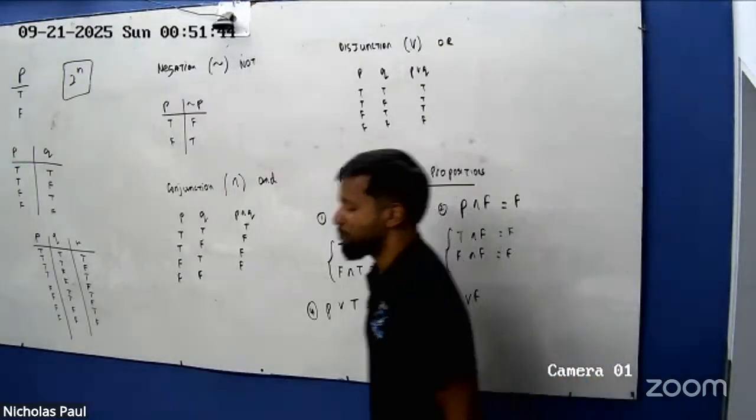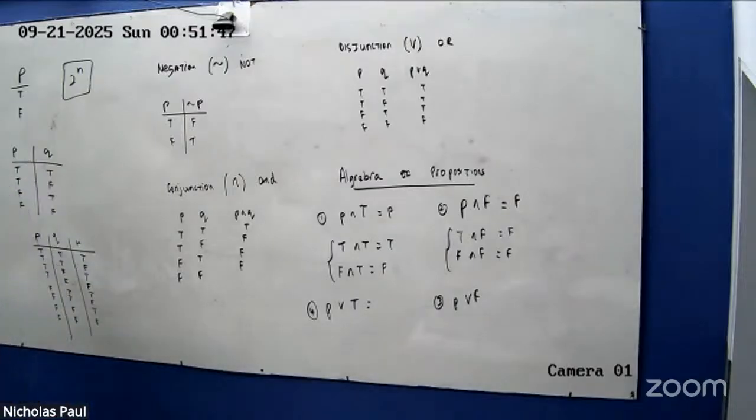Online, you can message what you think number 3 is, what you think number 4 is.